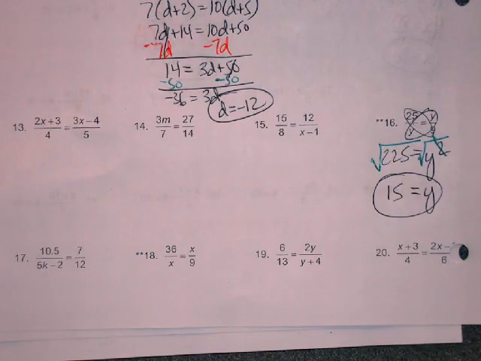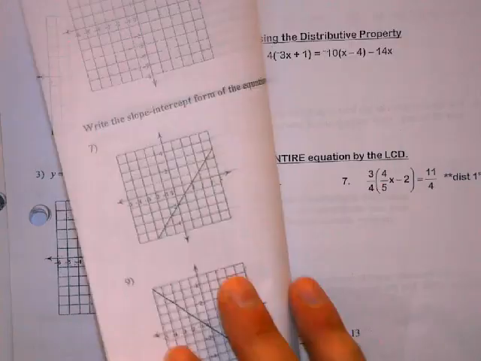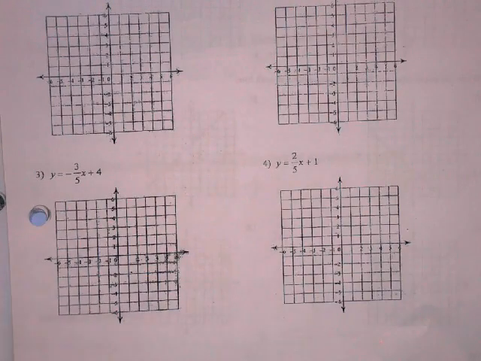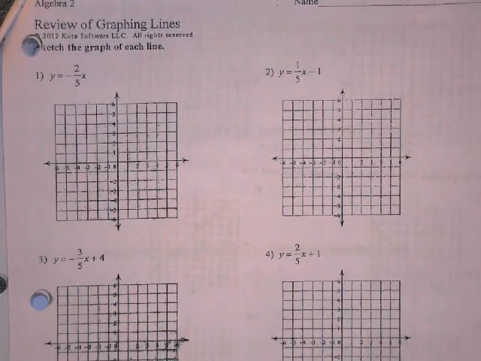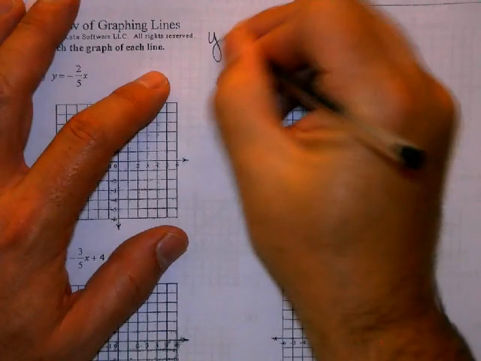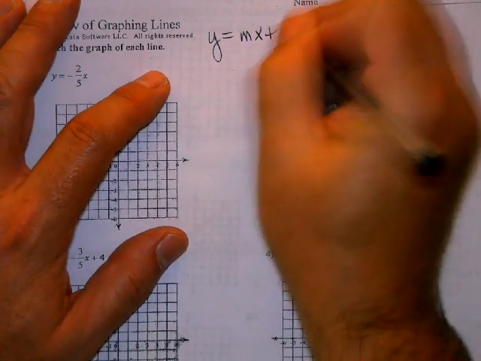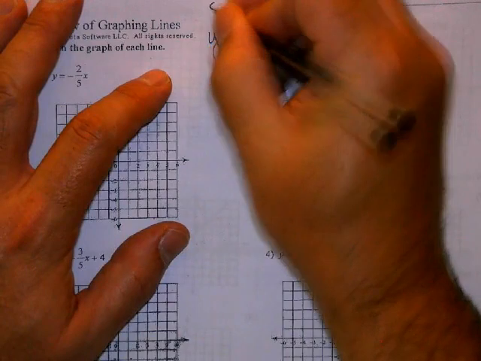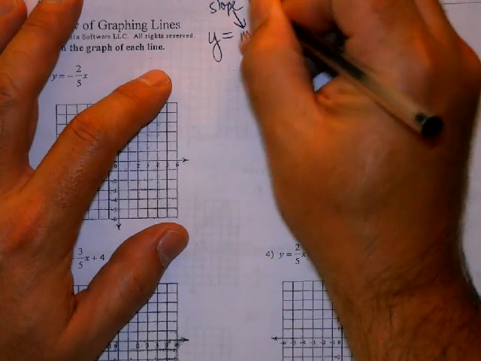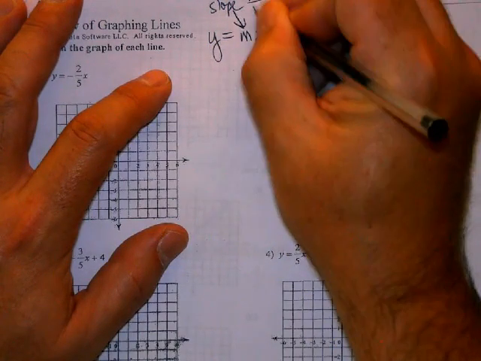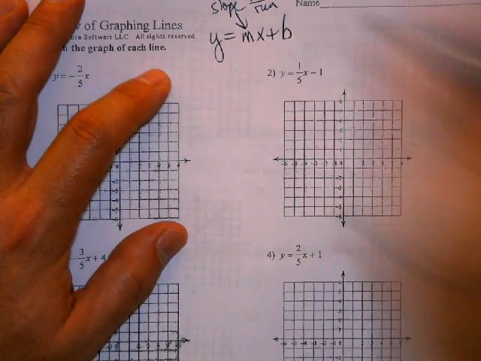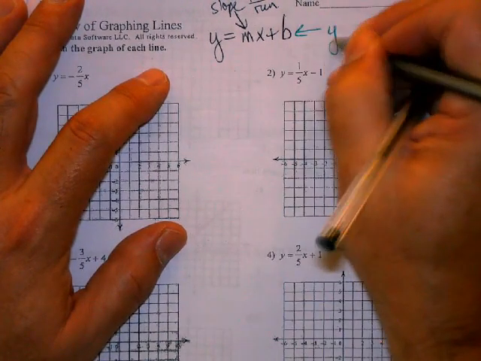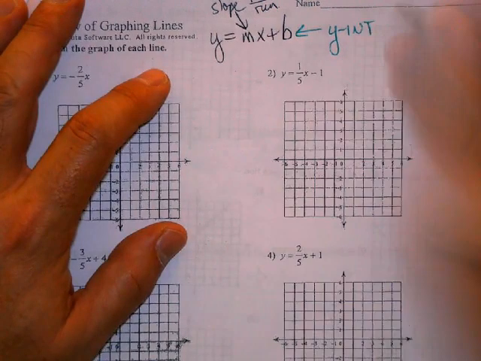Okay, now, one more thing to play with here today. Okay, graphing lines. Real basics. I'm not going step by step through this. I'm going to have a post on here for a couple of other math websites and things you can look at, but just a reminder on graphing lines real quick. The value in front of x is your slope, rise over run. And the value on the end, your b, is your y-intercept.